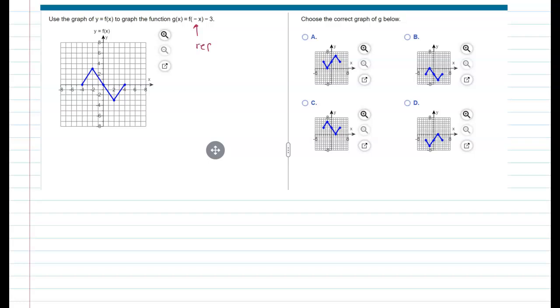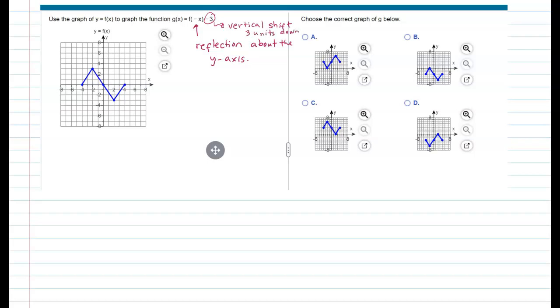So this is reflection about the y-axis. And then the negative 3 here means a vertical shift of 3 units down.